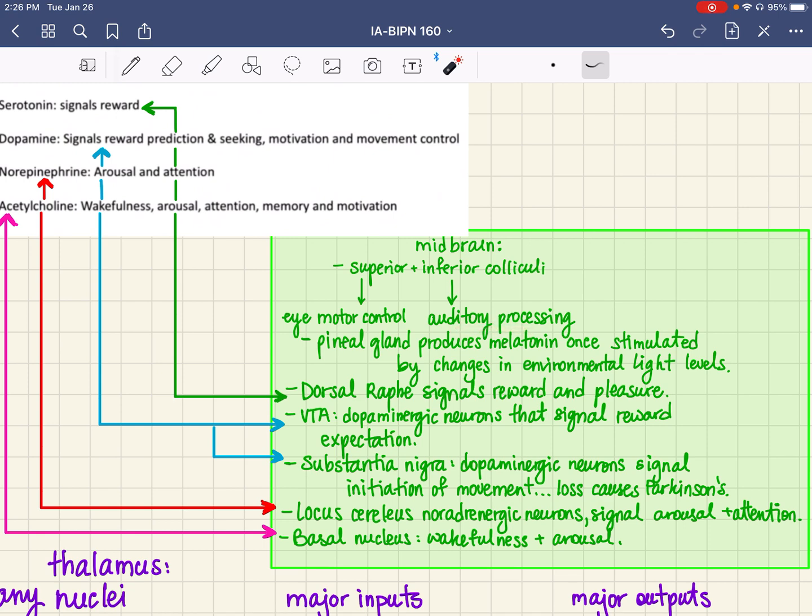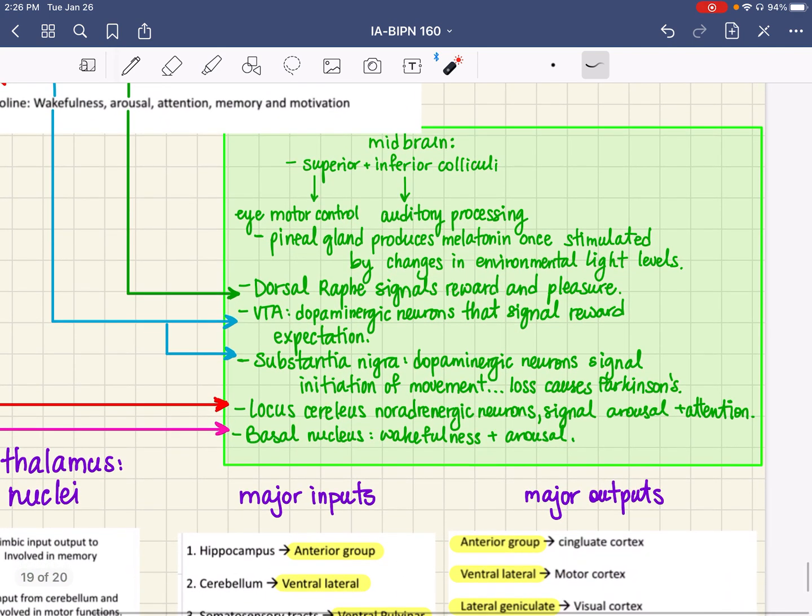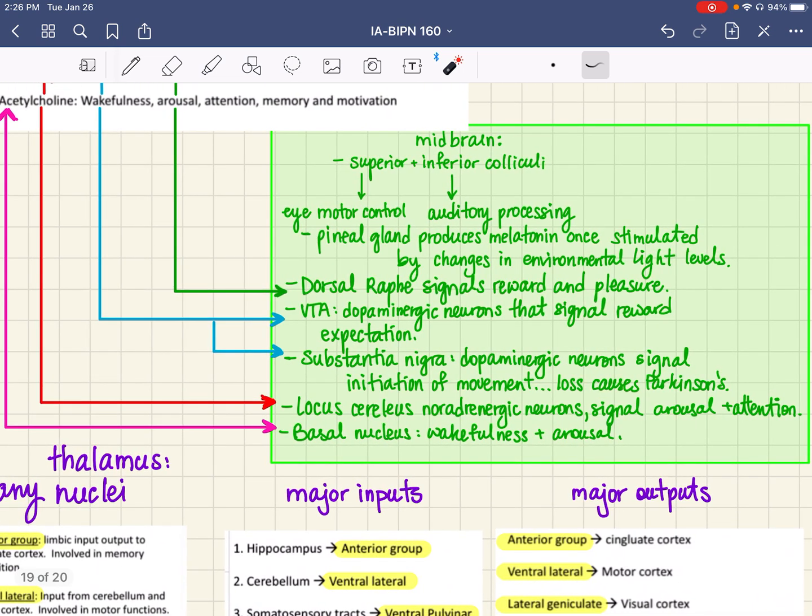An easy way for me to memorize this is on a human body, the eyes are a little more superior to the ears, so the superior colliculus has to do with eye motor control, and the inferior colliculi have to do with auditory processing. You don't really need to know the pathway of the auditory processing just yet, but we will talk about this in the coming lectures.